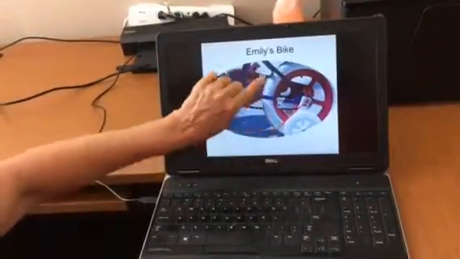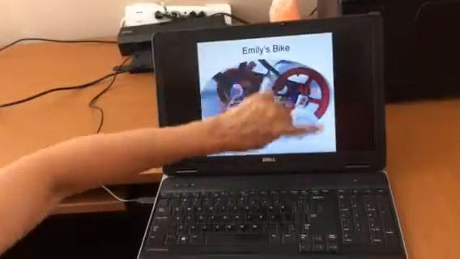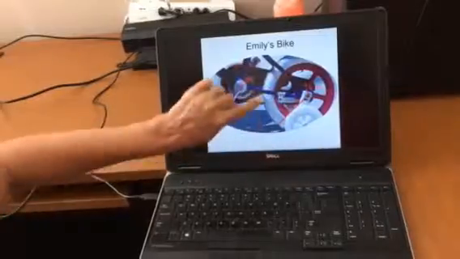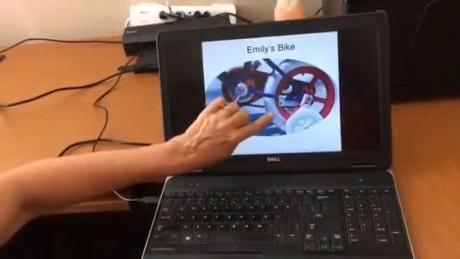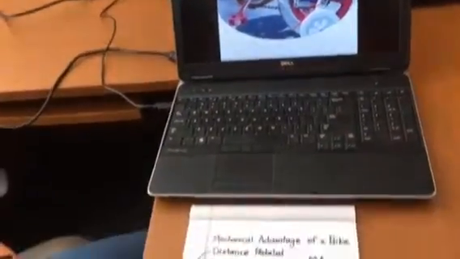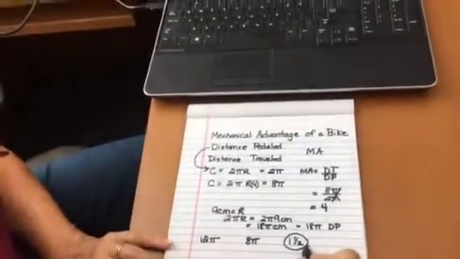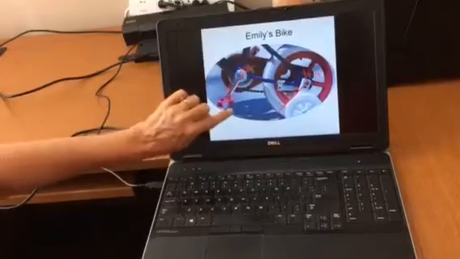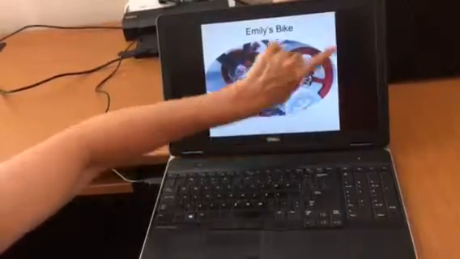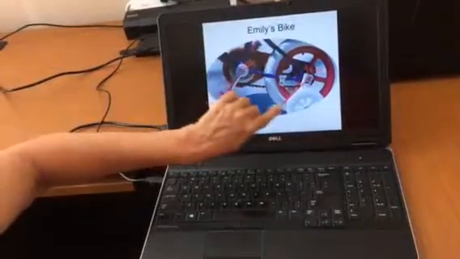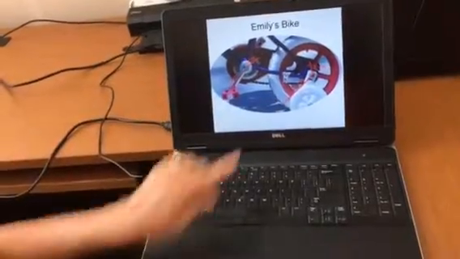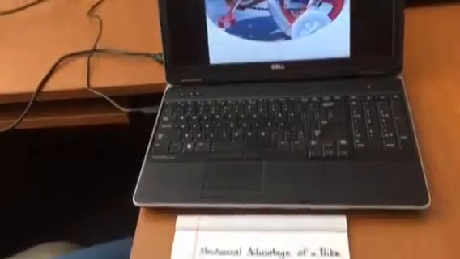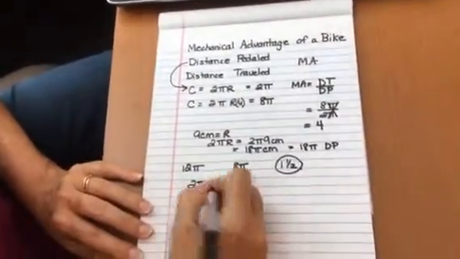So now we're going to look at the circumference of our wheel in the back, which is actually going to be telling us our distance traveled, but we also have to multiply that by 1 1/2 because we know for every time this pedal goes around once, this wheel is going to go around 1 1/2 times based on our chain.